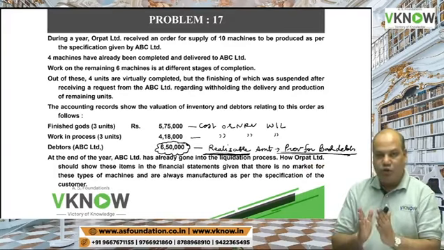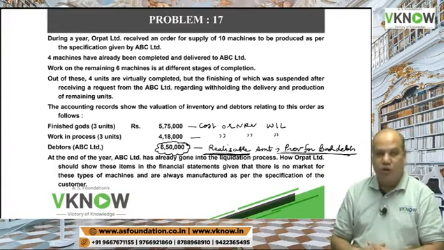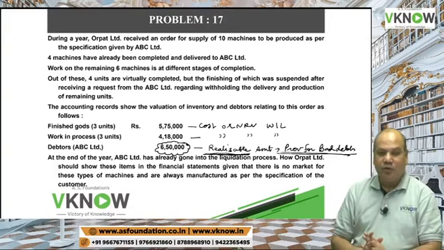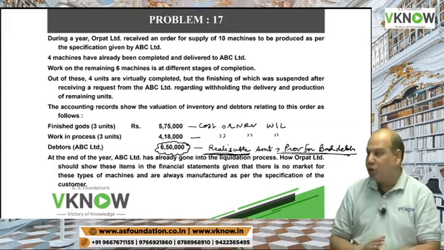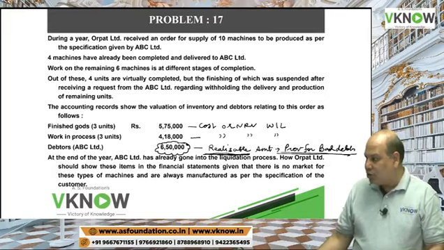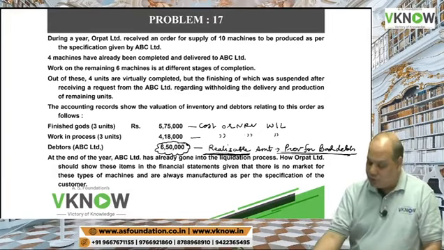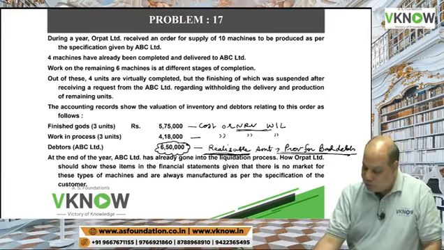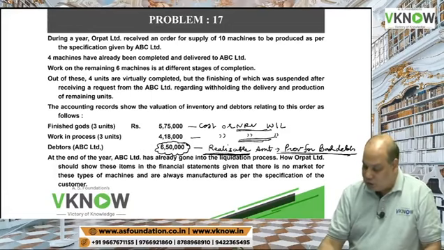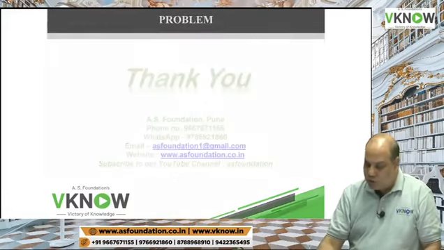But as far as finished goods and work in progress are concerned, there is no market for such items. They cannot be sold. They have to be only scrapped. So there the answer would be cost or NRV, whichever is lower, and most likely the NRV will be the lower figure. But we don't know what the NRV will be, so you can say nil value, close to nil value.